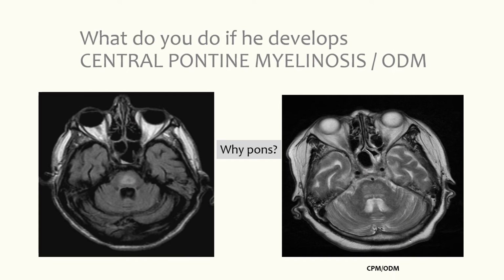On the right you can see there is demyelination occurring in the pons and other areas. So earlier it was called central pontine myelinosis and now it is called ODS.